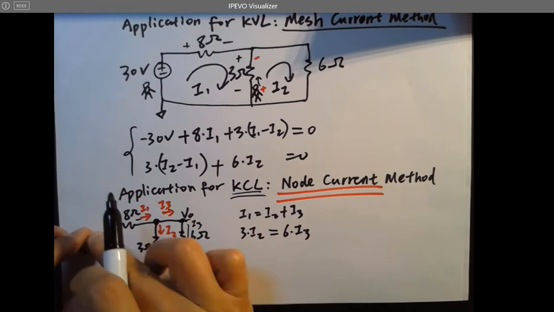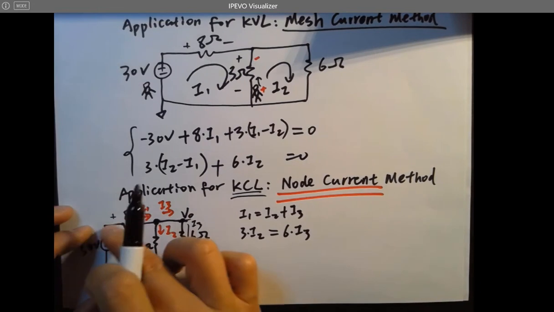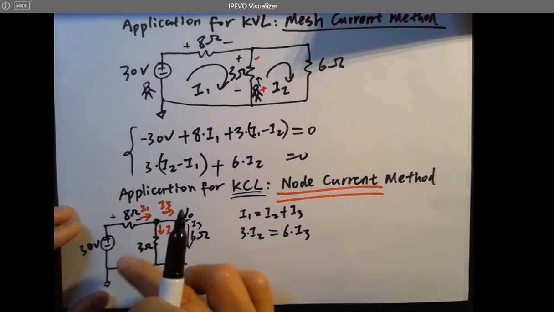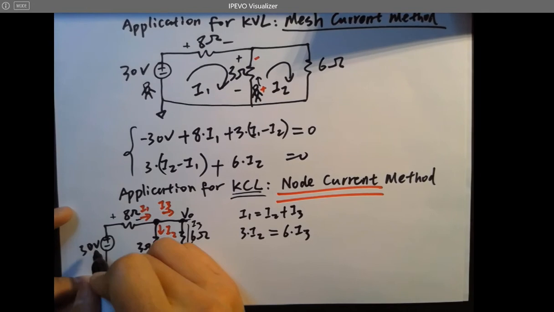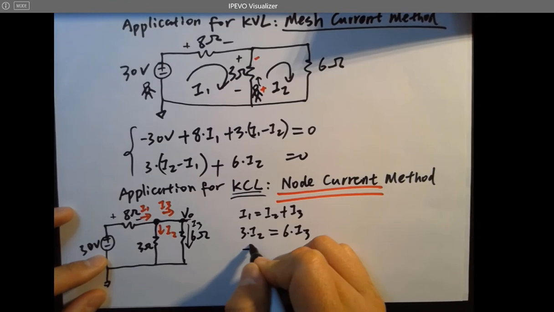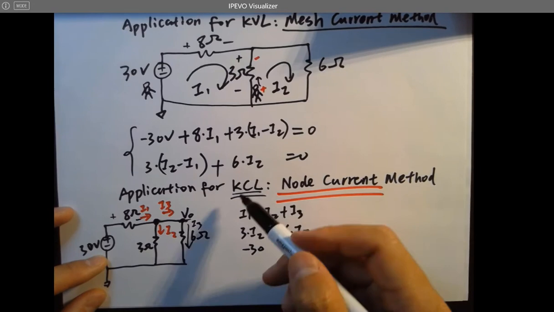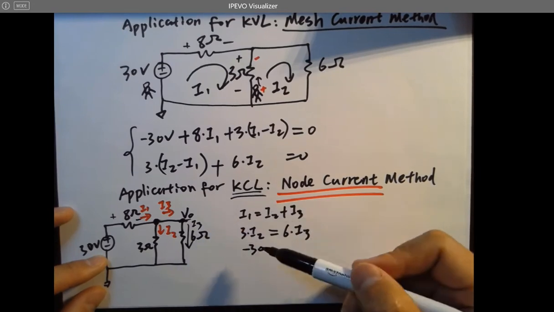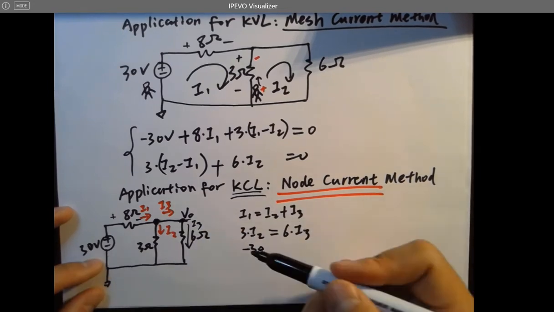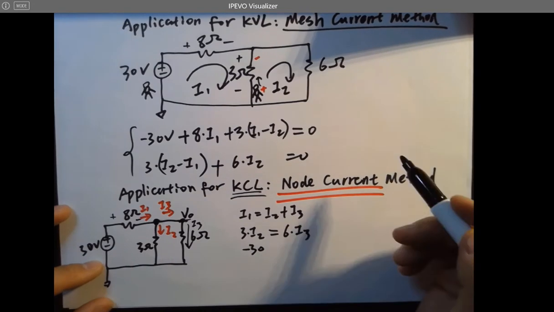You can use the bigger circuit or the smaller circuit, it doesn't matter. If we look at the smaller one and start from here, then it's going to be minus 30 volts. In the node current method, you use KCL for some of the equations, but you can also use KVL for the very last equation. It doesn't matter, as long as you can solve the circuit.